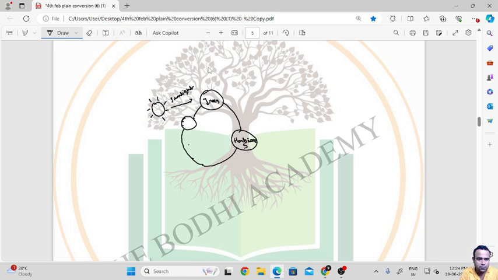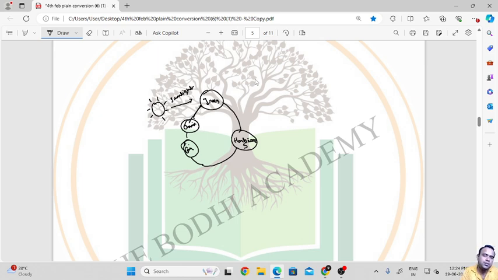And these are carnivores, and these are omnivores.